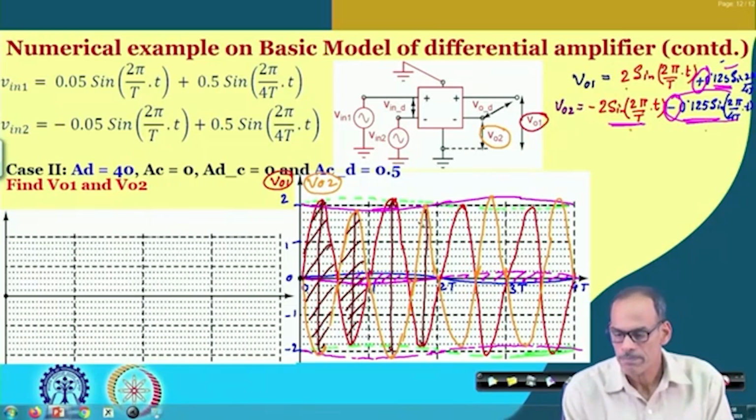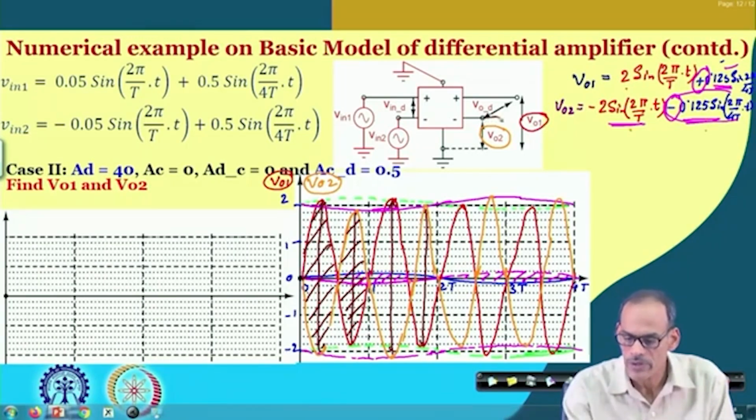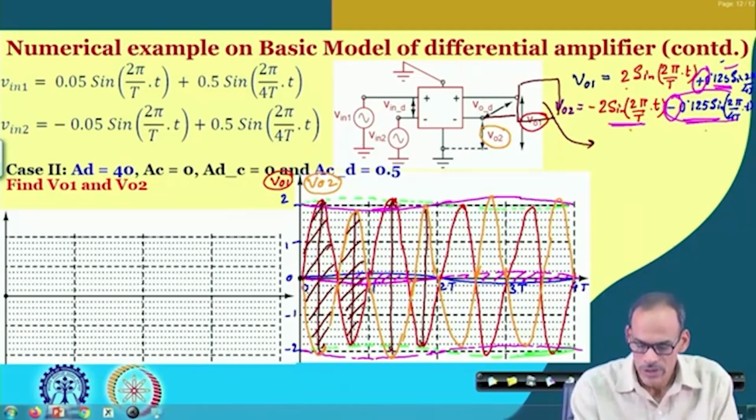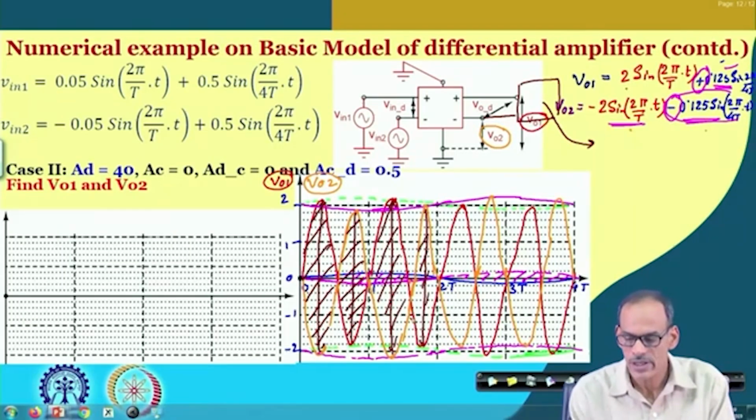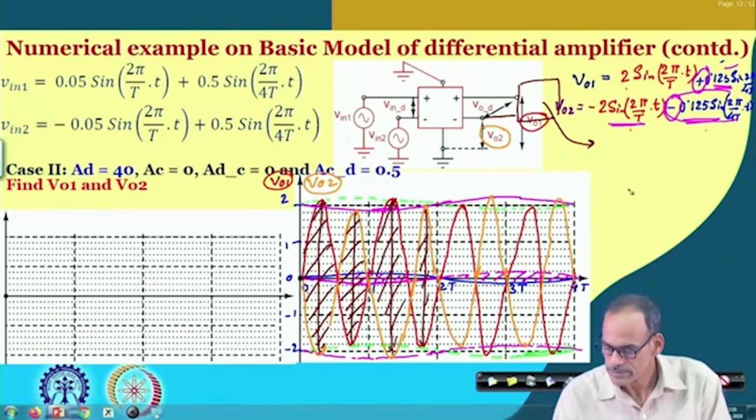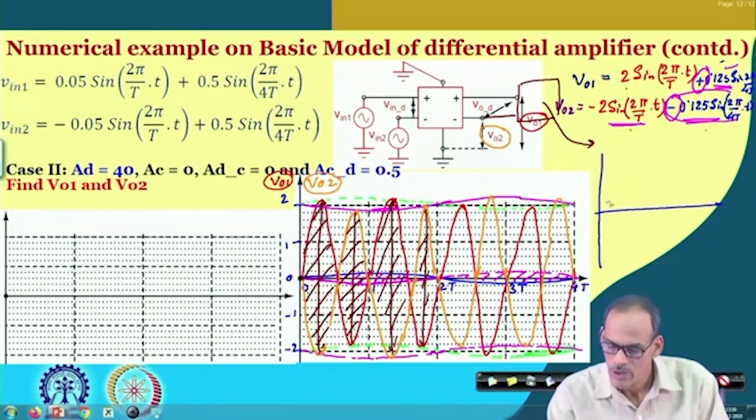So, if I put a differential amplifier now, what this differential amplifier will do is try to amplify the shaded part, and as a result, the nature of the differential signal is like this. This part is having higher amplitude, and then the next part is having smaller amplitude.